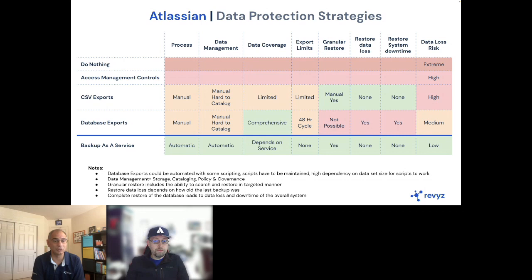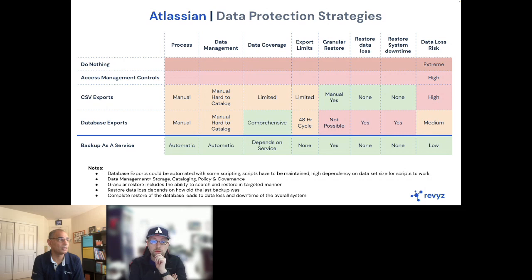If you can granularly restore things back, you avoid that restore data loss. Also, your system is fully accessible while you're restoring that one or two tickets, whatever that number may be. Your system is not down, meaning your users can still access all the projects and so on.